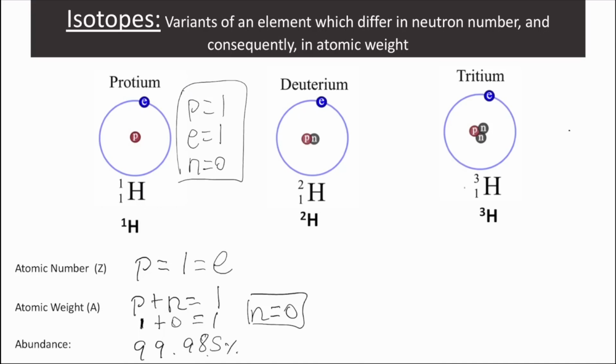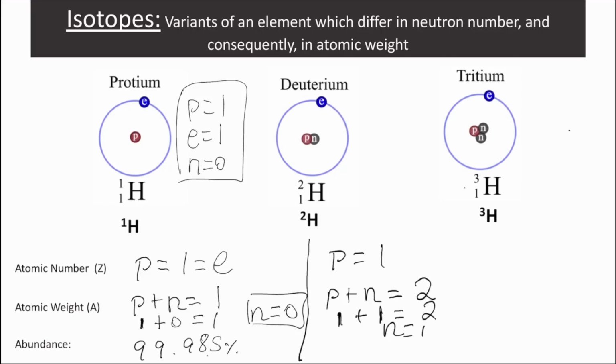Alright, looking at deuterium. Deuterium, the atomic number is number of protons, which is 1. The atomic weight is protons plus neutrons, and this is equal to 2. So we have 1 proton, so there must be one electron, one neutron.